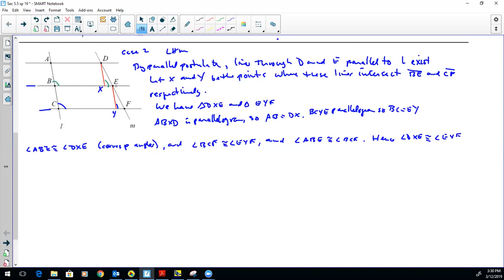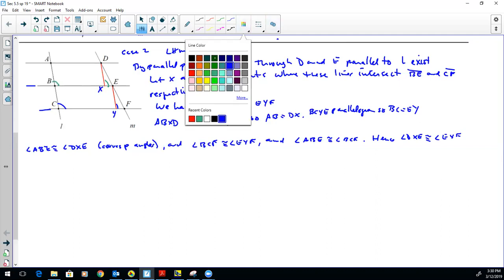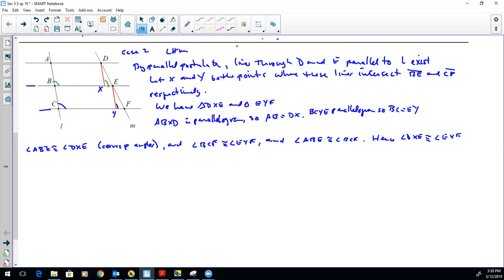Okay. Now, one more set of angles I'm going to work with, and these are a little bit easier to see perhaps. Let's use red to point them out. Are these angles up here? Okay.